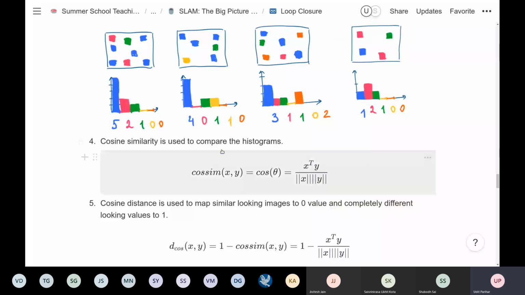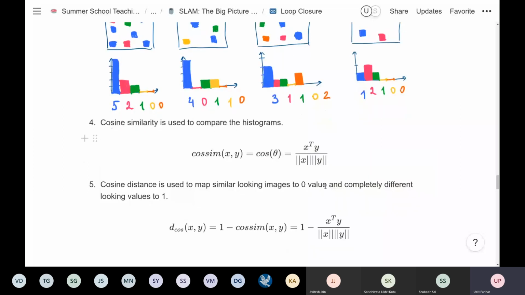So that is what our cosine similarity measures: basically x transpose y divided by the norm of x and y. But we will use the opposite of cosine similarity, because cosine will give 1 when vectors are looking in the same direction, since cos 0 is 1 and cos 90 is 0.